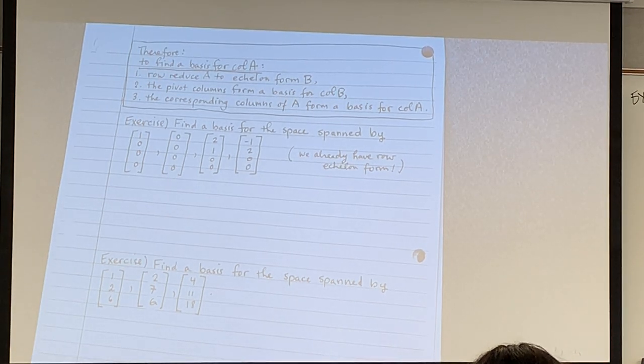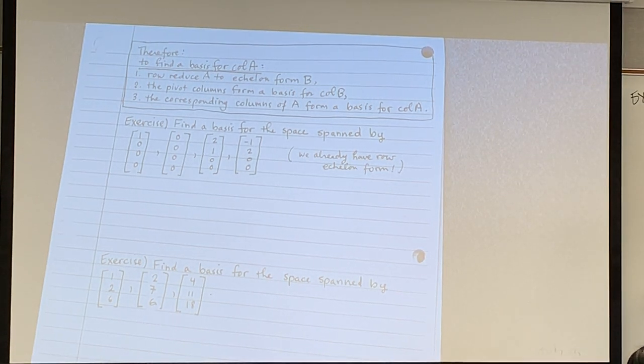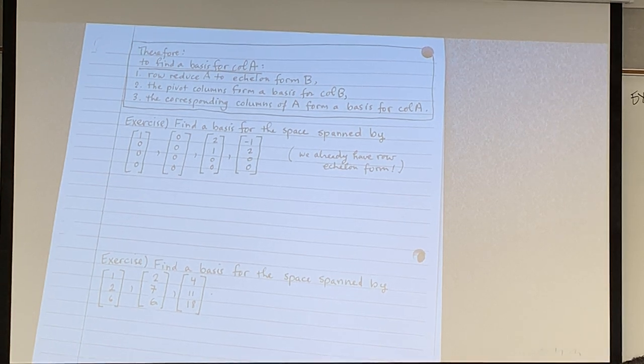Now this matrix is not in echelon form, so we are going to row reduce. 1, 2, 6, 2, 7, 6, 4, 11, 18. And I'm not going to write out all the steps, so there are some steps here.